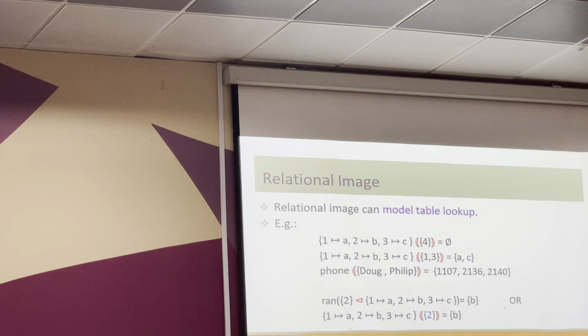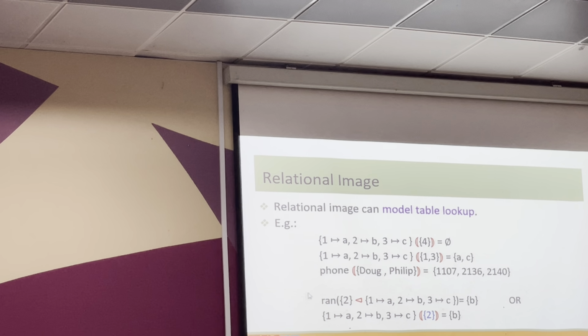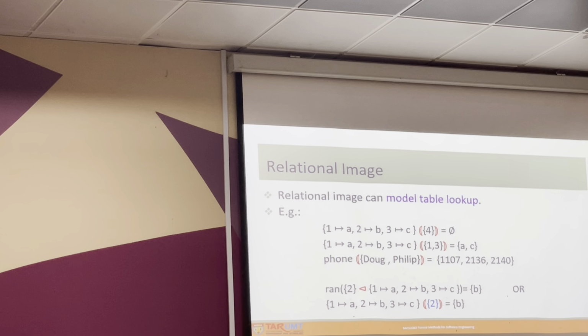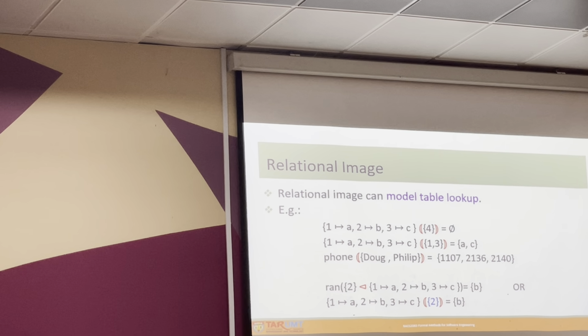Of course domain restriction you have to go with rand, but for relational image you don't have to go for rand at all, because automatically the result will be the range data only. That is relational image.